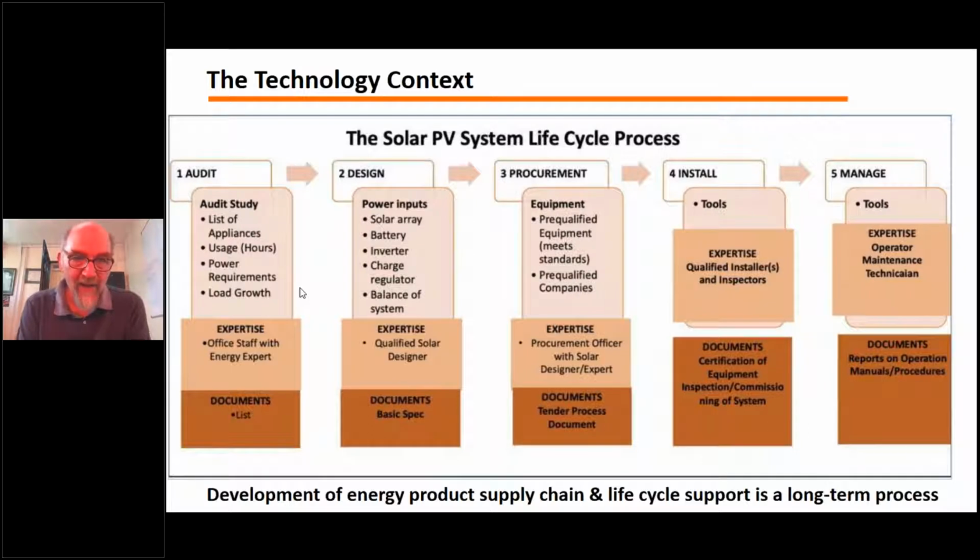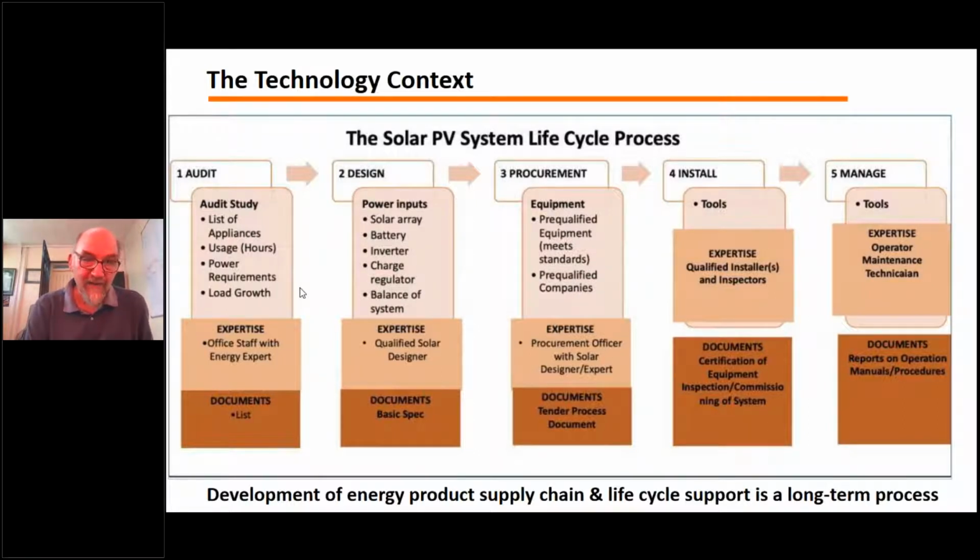The next one is the technology context, and this is a similar process, but it's not the same. This is the core of what needs to be done if somebody is getting a solar system for a site. First, there's an audit.